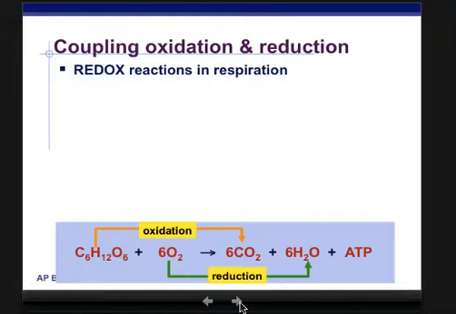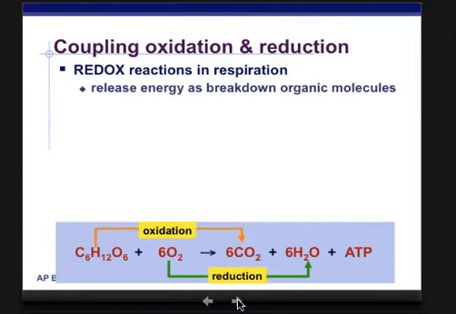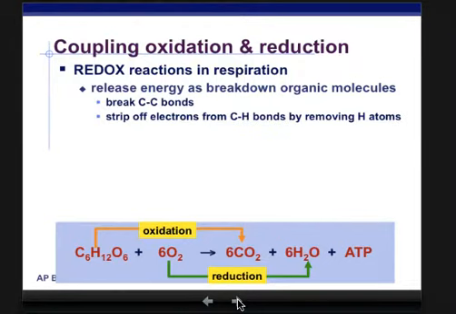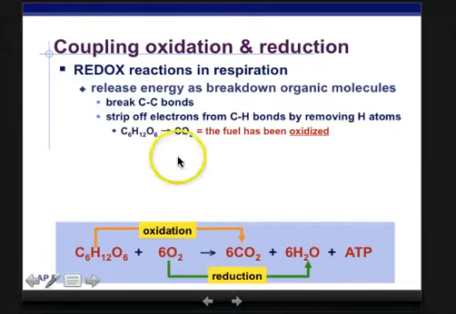Coupling, oxidation, and reduction. Redox reactions and respiration. So what we were just talking about, let's go into a little more detail here. The release of energy as we break down organic molecules. So we're breaking the carbon-carbon bonds. We're stripping off electrons from carbon-hydrogen bonds by removing the hydrogen atoms. So when we go from glucose to carbon dioxide, the fuel has been oxidized, okay?